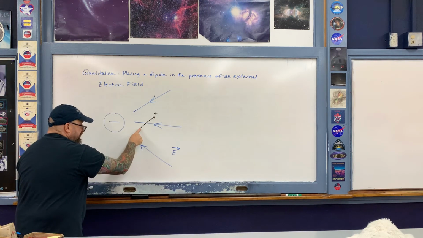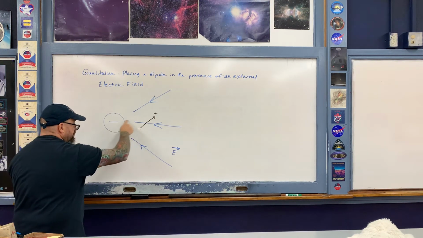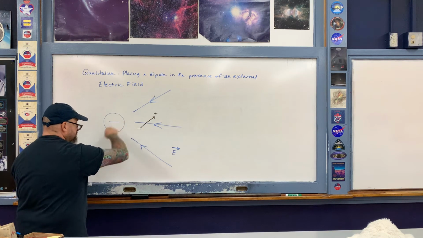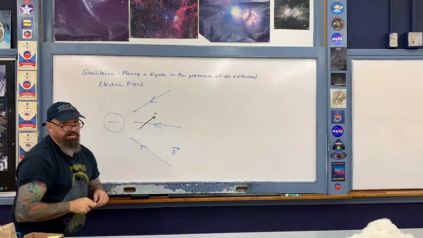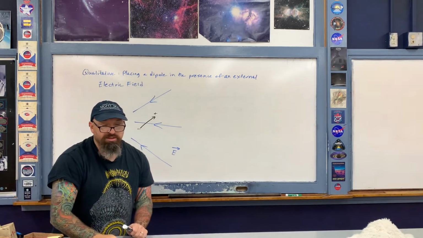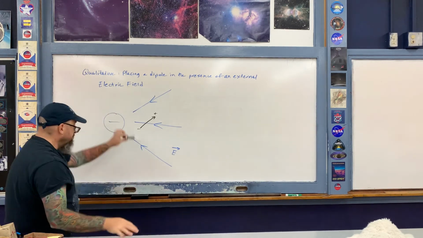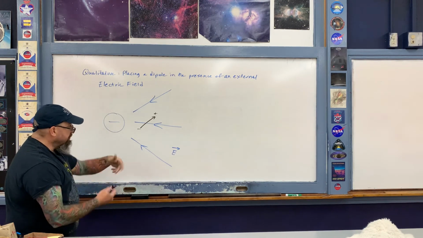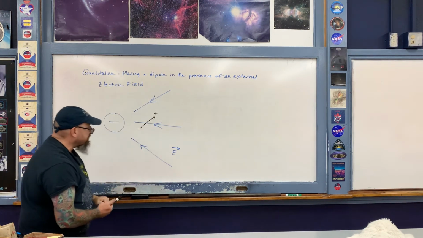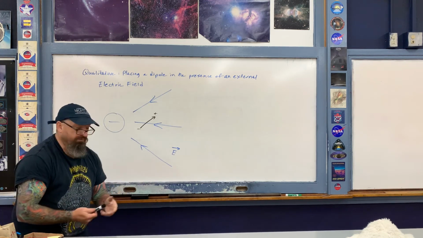The negative side is going to get repelled by the negative charge, the positive side is going to get attracted, and then it's ultimately going to do something like this. And once again, ultimately a force of attraction is exerted upon the dipole moment, and it gets attracted to the negatively charged glass rod. This is due to the non-uniform aspect of this external electric field.